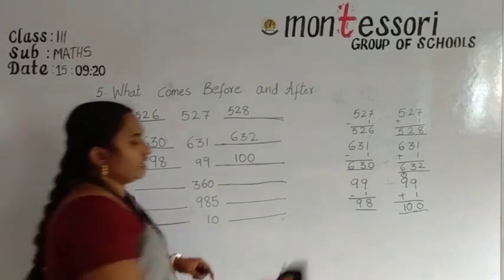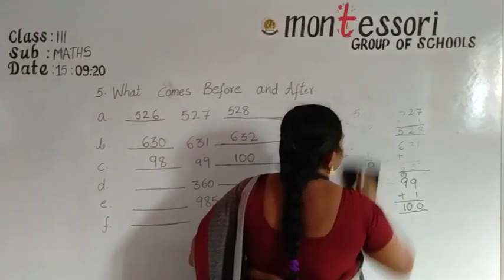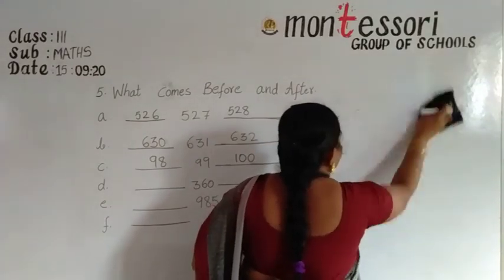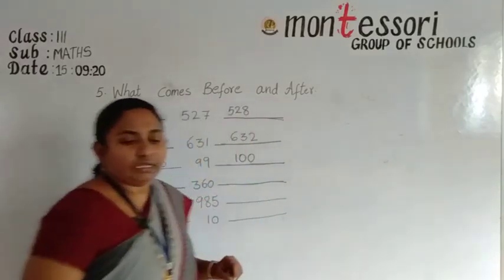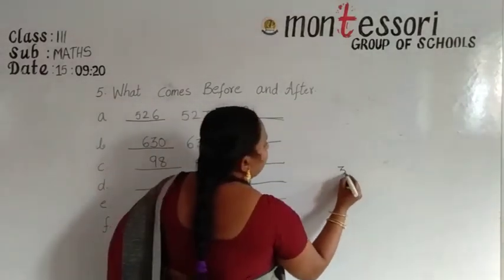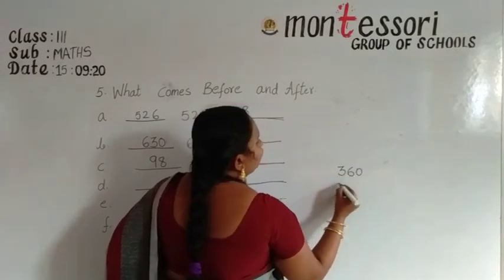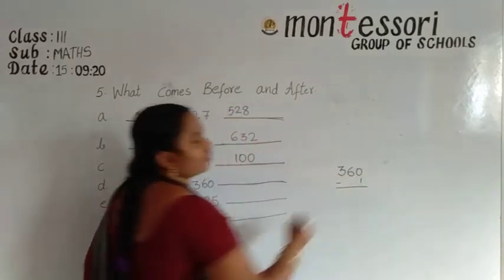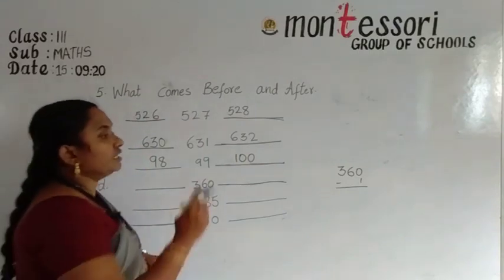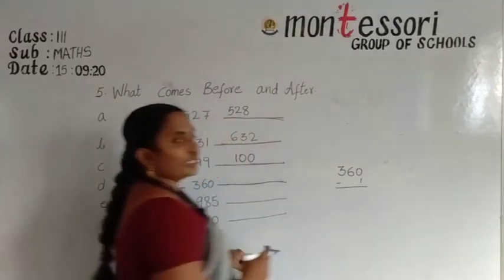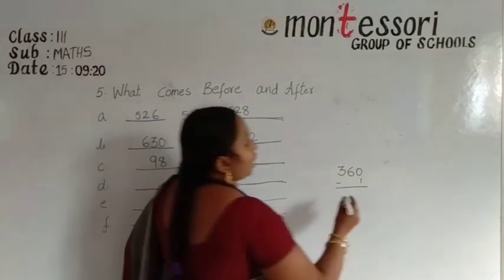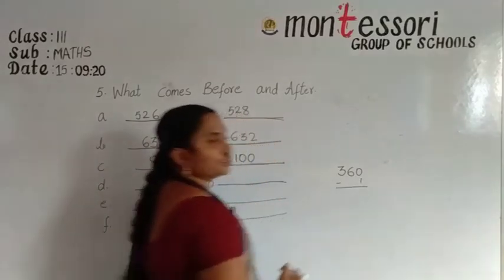Next, 360. First I am writing 360 here. Now we can find the number that just comes before. We can do the subtraction with minus 1. Now 0 minus 1, is it possible?